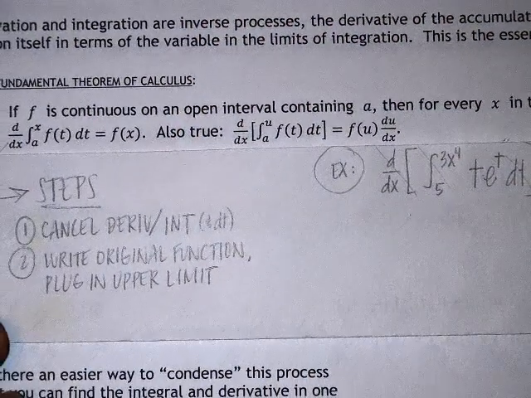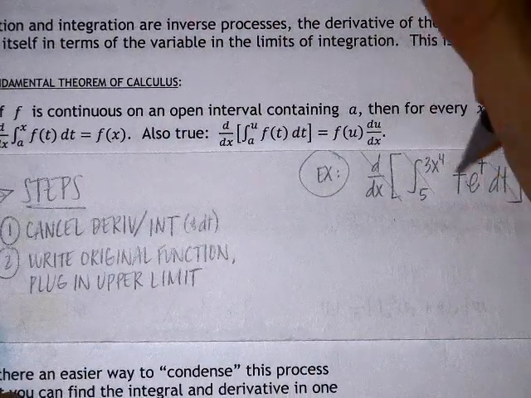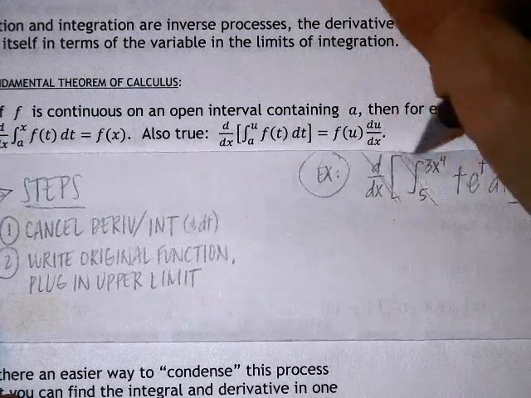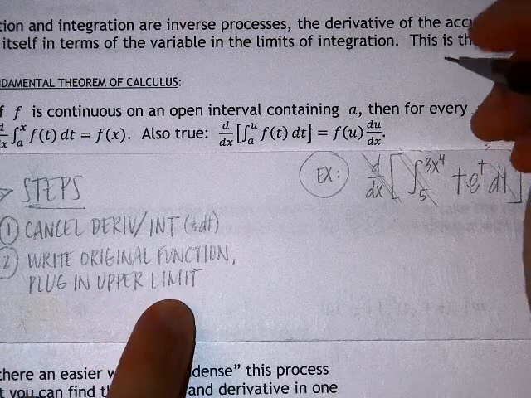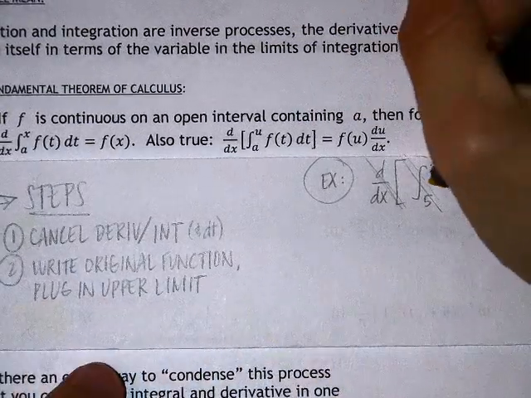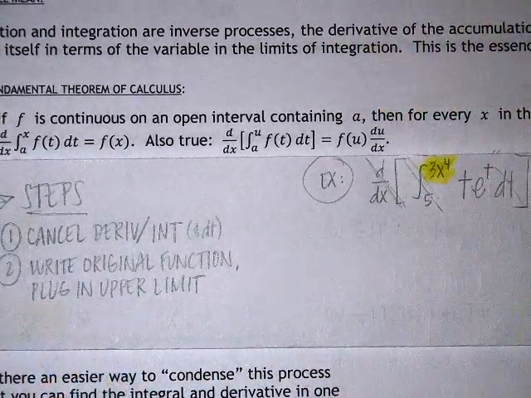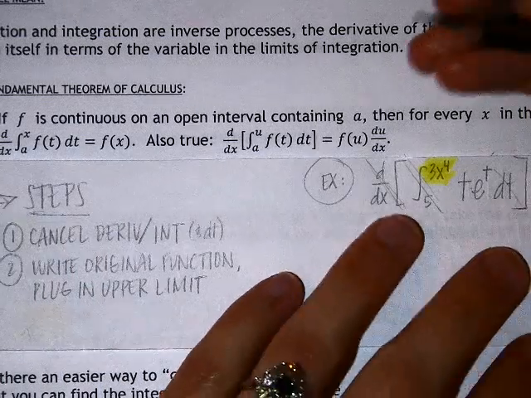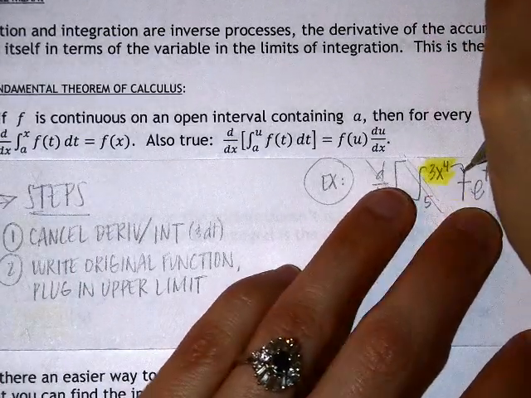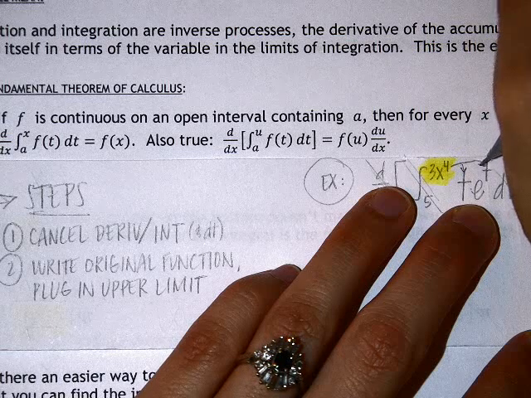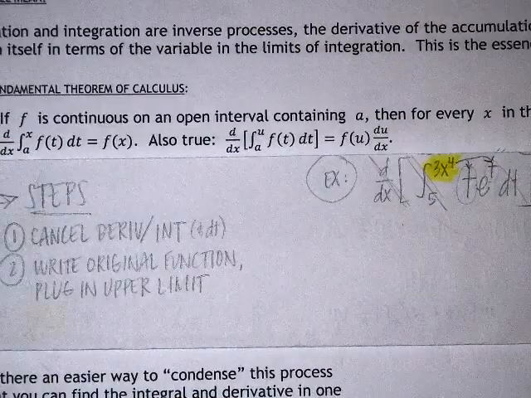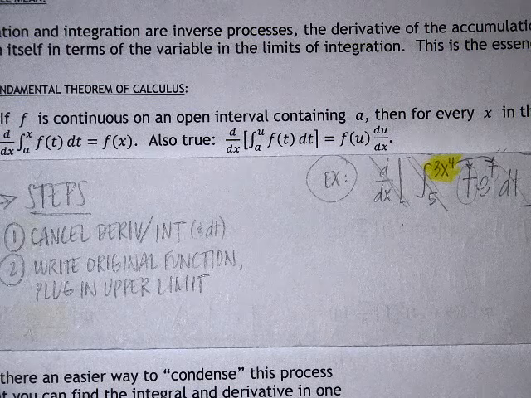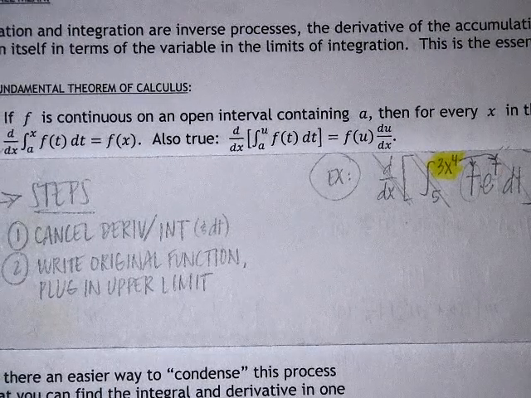So when I look now at the original function, the part that should be left over when my derivative and integral canceled each other out, I need to plug in that upper limit. So I'll just highlight so you can see what I'm plugging in here. That 3x to the 4th needs to be plugged into my dummy variable. Now there are actually two dummy variables that I need to plug into, so I need to plug in both of them. Since both of them are dummies, both of them need to be replaced.